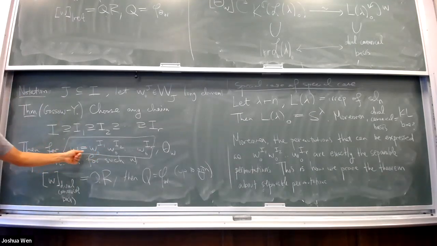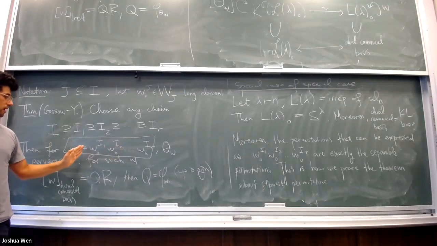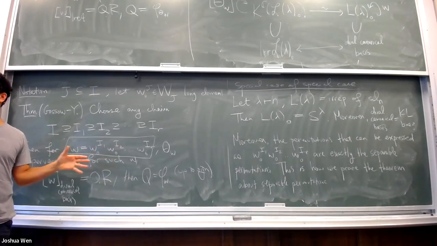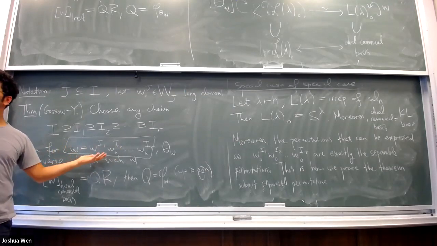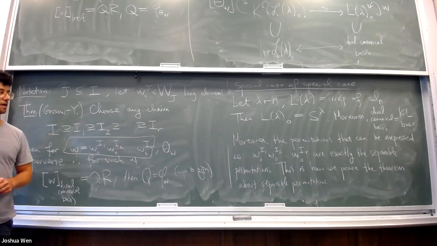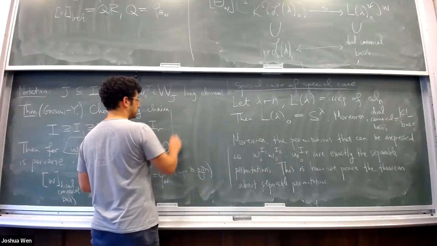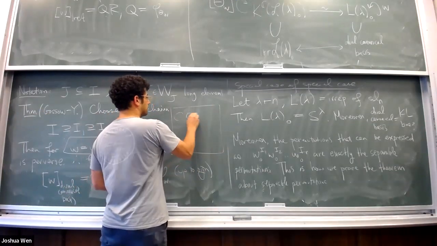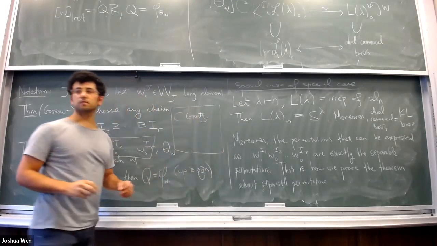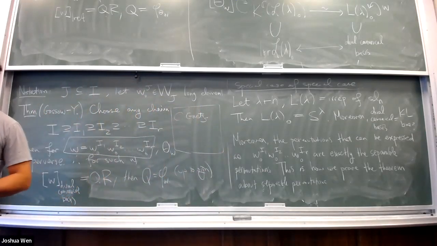We know in type A, elements of the Weyl group that can be expressed in this form are precisely the separable permutations. So this gives you a definition of separability in other types. And I thought, oh great, we found a definition of separability for E8. But it turns out this was defined in papers like 2 years ago, Separable elements of finite Weyl groups. One of the authors is Christian Gaetz, and I forget the other one. They have the exact same definition as far as I can tell, but I haven't looked at it too closely.